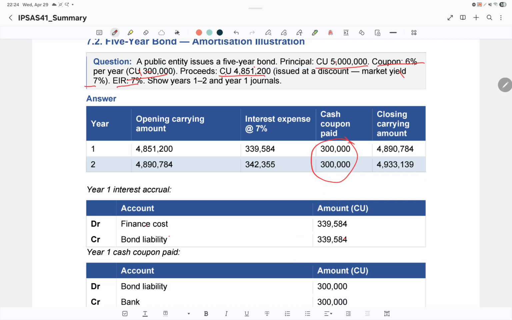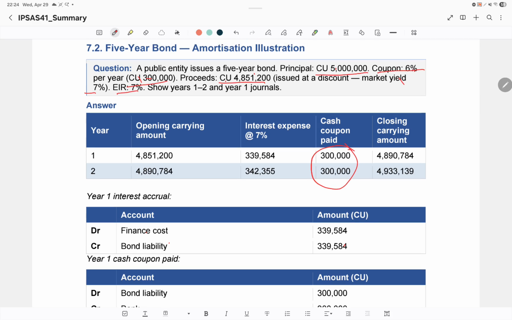So year one, this is what happens. We will start with the opening 4,851,200. We will take this 7%, multiply by the 4,851,200. You will get 339. Then if you look at this, 339 minus 300, it is about 39.